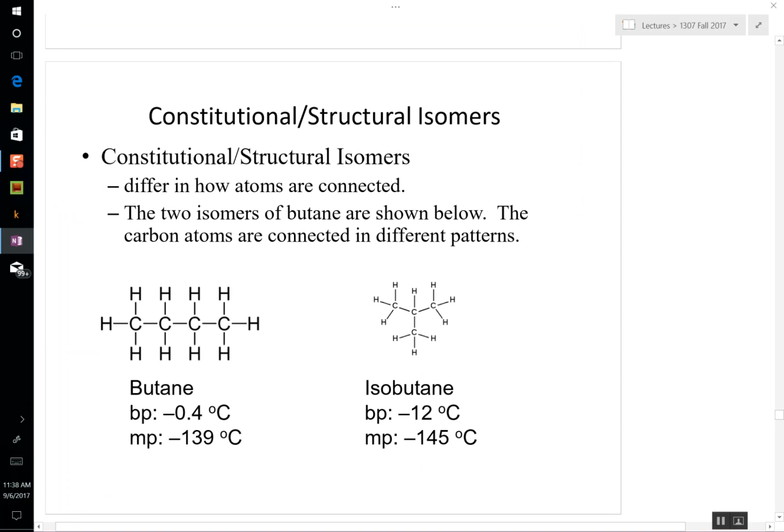Now, I don't know if I have enough carbons to get by here today. Maybe. Okay, here's butane. Guess I'm getting pentane here. Here is butane.